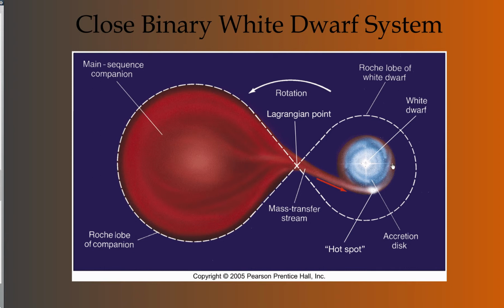Of course, based on orbital mechanics, it won't just fall right into the star. It'll come around with some speed and orbit around, and creates an accretion disk, kind of like a flat pancake disk, that just orbits around the white dwarf, and it'll steal more and more of this material from its companion star.